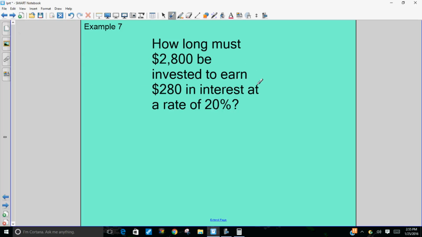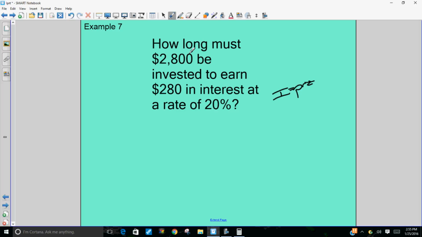Alright, example 7. This says, how long must $2,800 be invested to earn $280 in interest at a rate of 20%? It's asking how long. It's looking for the time. So remember, we have I equals PRT.